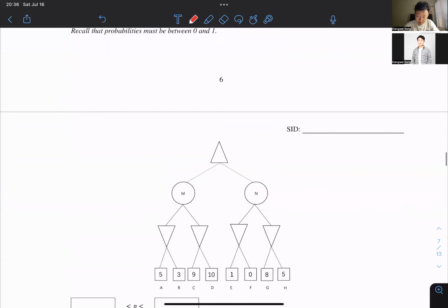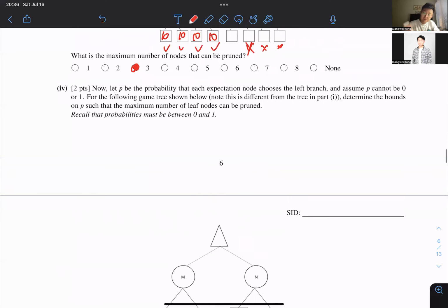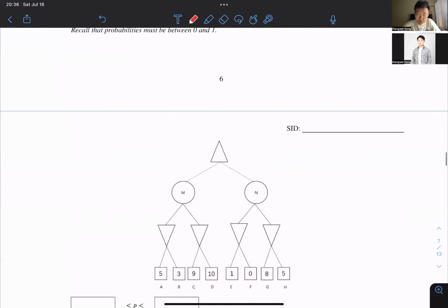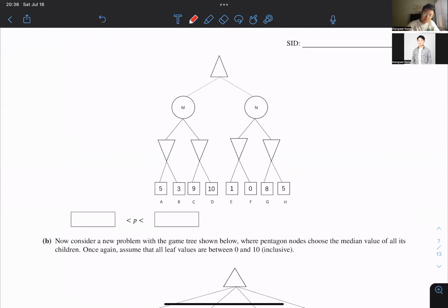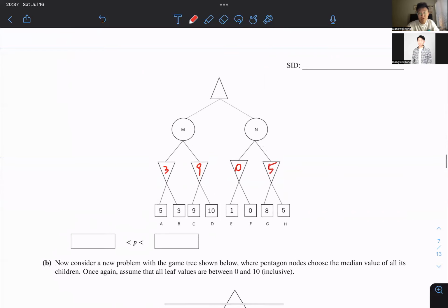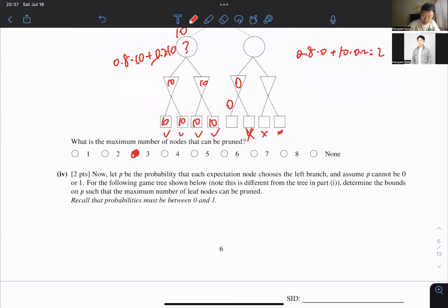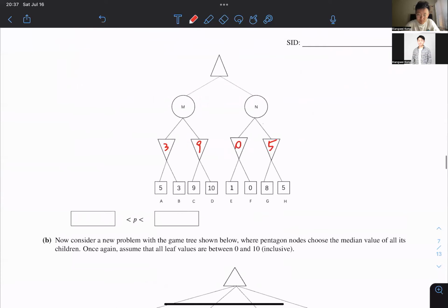Okay, so for this question, we're not given P, and the question wants us to determine what the value should be for P. So we just fill out all the minimizers. It's 3, 9, 0, and 5. And it says, for what value do we have the maximum number of leaf nodes that can be pruned?